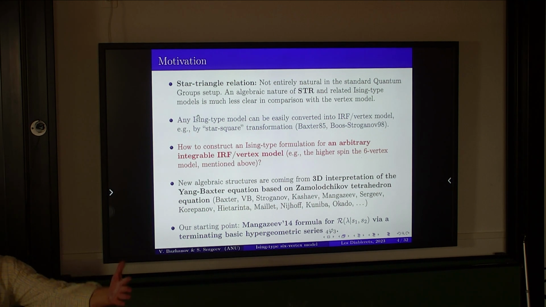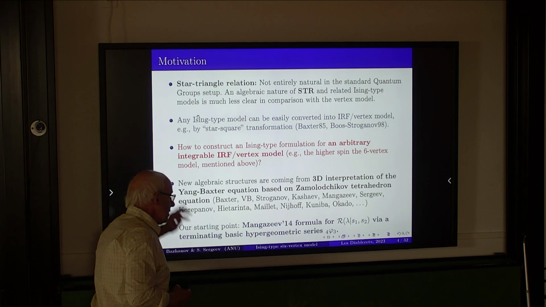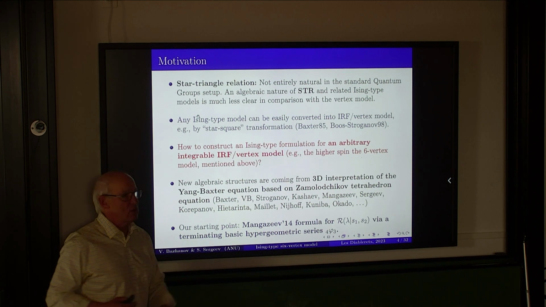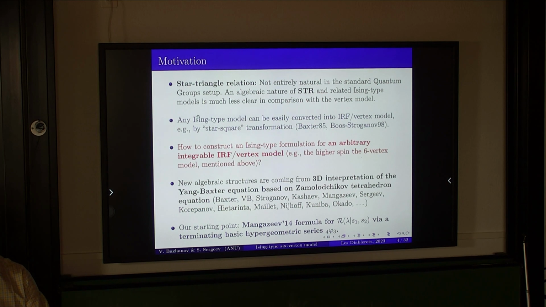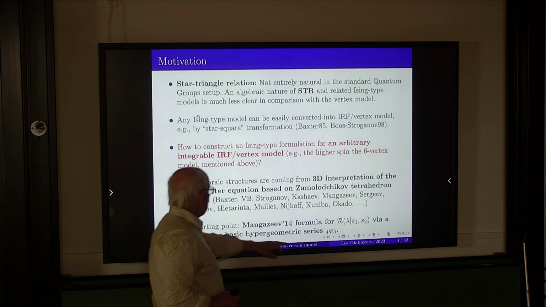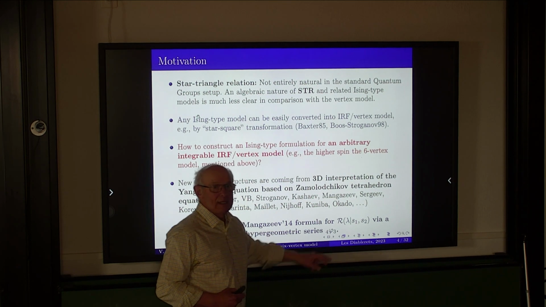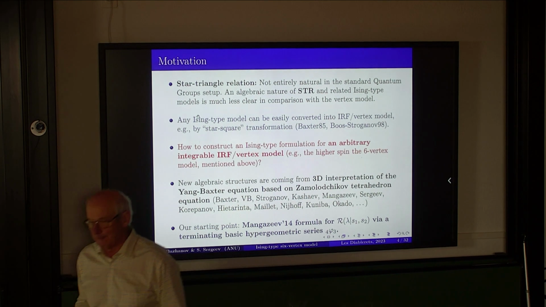If you take n layers, it will be related to the SL(N) quantum group. So n becomes the third dimension. Using this additional structure, Mangazeev managed to write down a very simple formula, not entirely simple, but one summation, which is a basic hypergeometric series phi 3, 4, not 4.